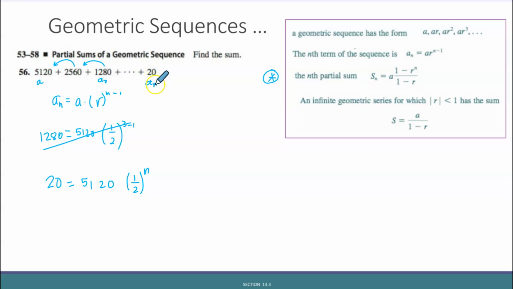So let's fill in our n minus 1 for the power. Let's divide over 5120. If we take 20 divided by 5120 in the fraction, we get 1 over 256.